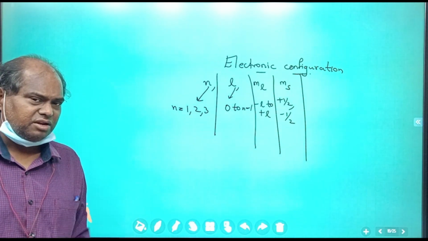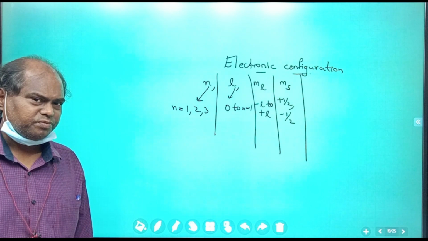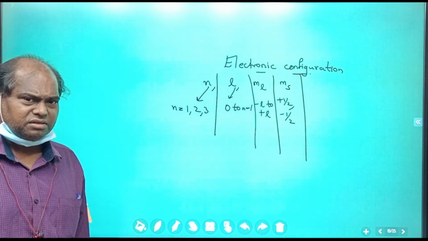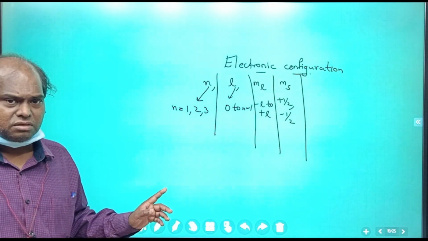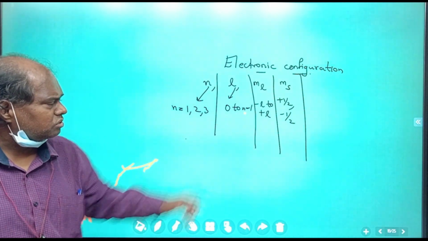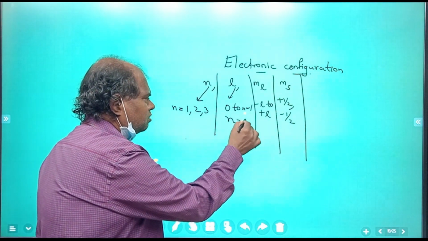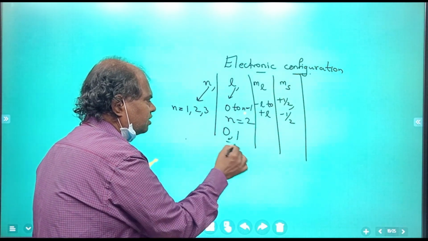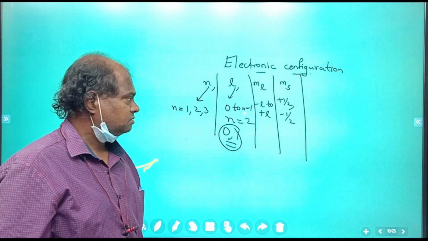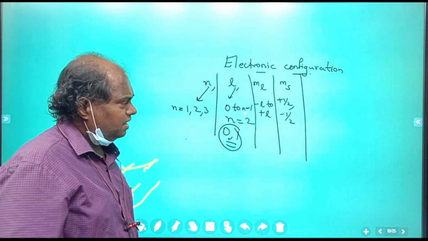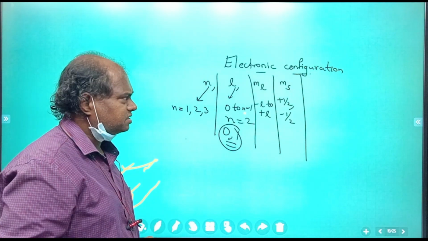So there are restrictions everywhere, you see. Everywhere you have got restrictions. Fine. n is 1, 2, 3, l is 0 to n minus 1. So suppose n is 2, then you can get only 2 values, 0 and 1. Correct. ml can go from minus l to plus l.